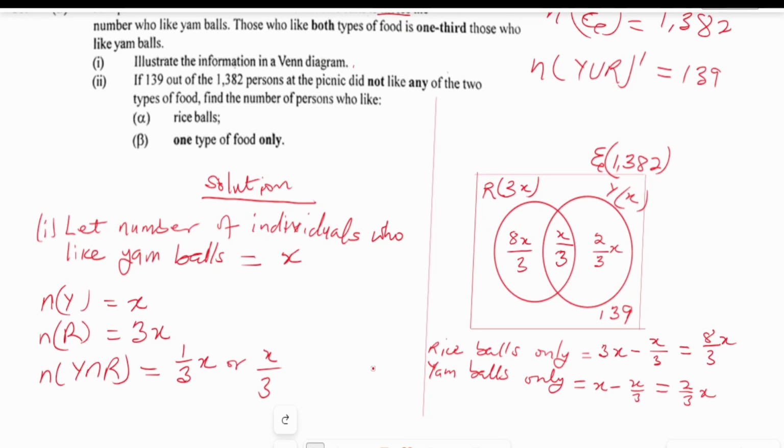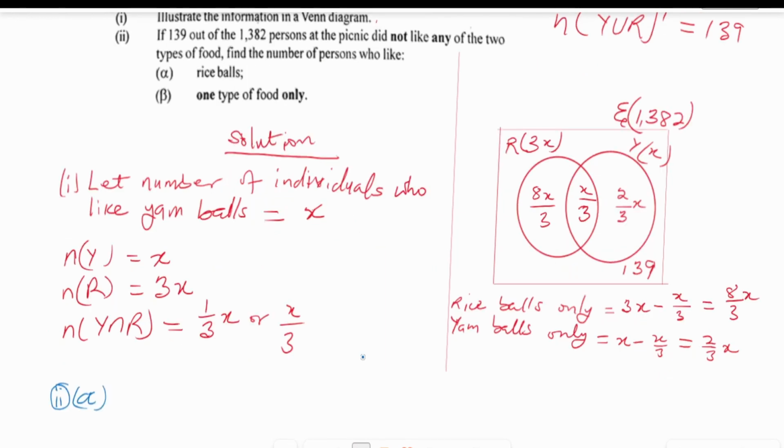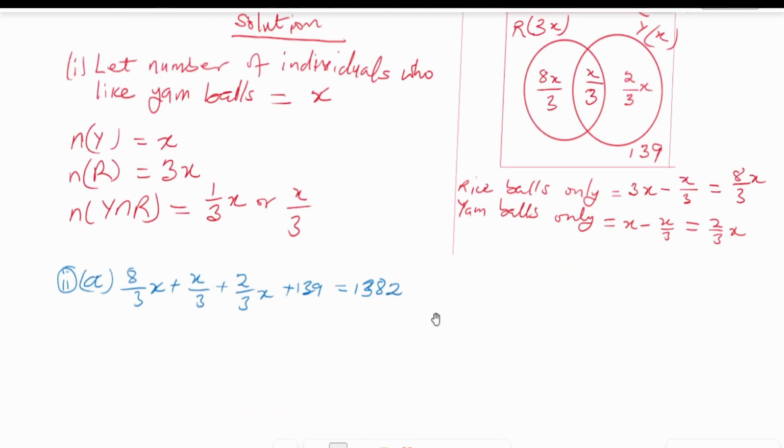And the easiest thing to do right now is to add everything in the Venn diagram and equate it to the universal set, and that gives us our answer. So let me go straight and do that quickly. So we add everything in the Venn diagram and equate it to 1382. And to simplify this further, I would like to use the calculator.